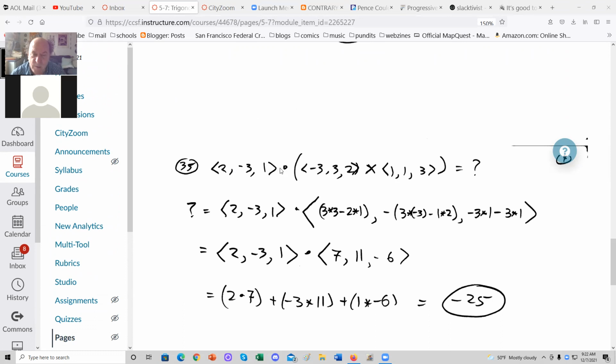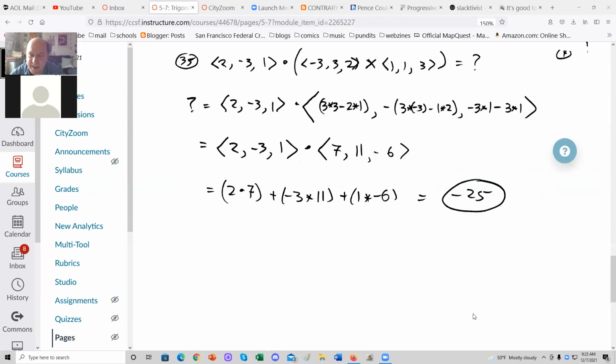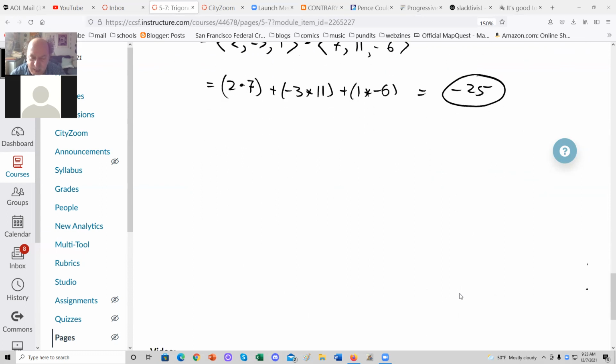So here, 2, negative 3, 1 dot (negative 3, 2, 1 cross 1, 1, 3). After some arithmetic using determinants, this cross product is 7, 11, negative 6. Dot 2, negative 3, 1 is easy: 2 times 7 plus negative 3 times 11 plus 1 times negative 6, which comes out to negative 25. I said it was a volume. It's a directed volume. It can be plus or minus depending on the handedness of the vectors.